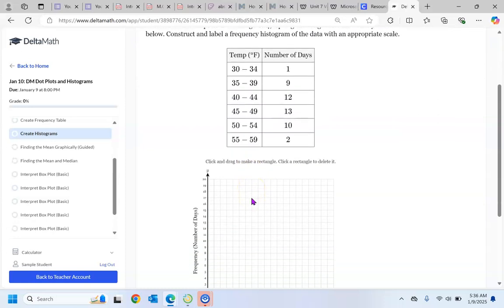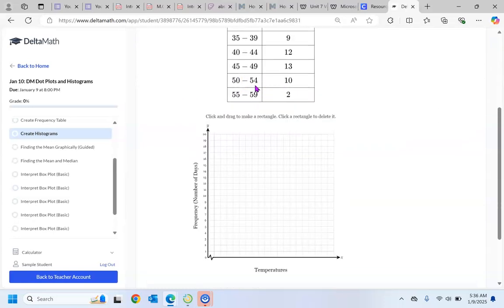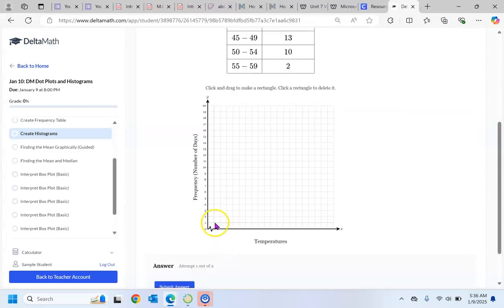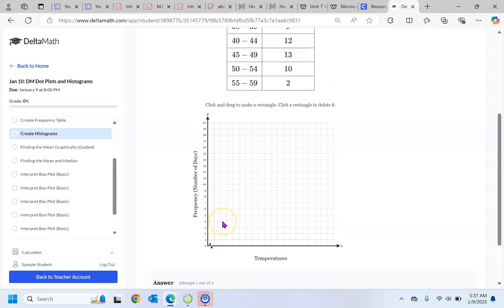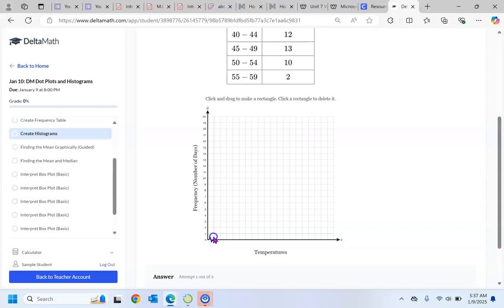Creating a histogram. So it says click and drag to make a table. So let's see. Frequency, number of days. Okay. So it says 1 day, right? Right here.